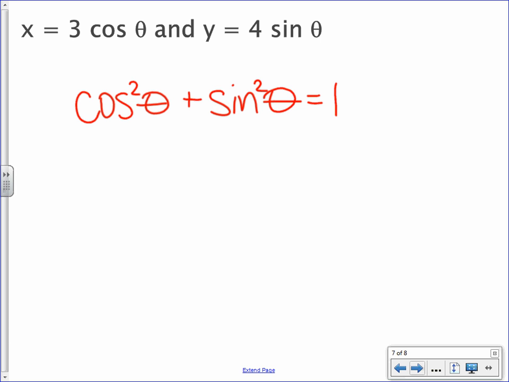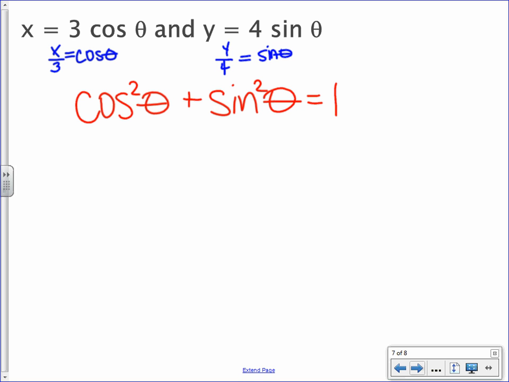Now, if we go up here and we solve for cosine, cosine of theta would be the same as what? 1/3 x. Okay, 1/3 x. Sine of theta, if we solved for that here, would be the same as y over 4.